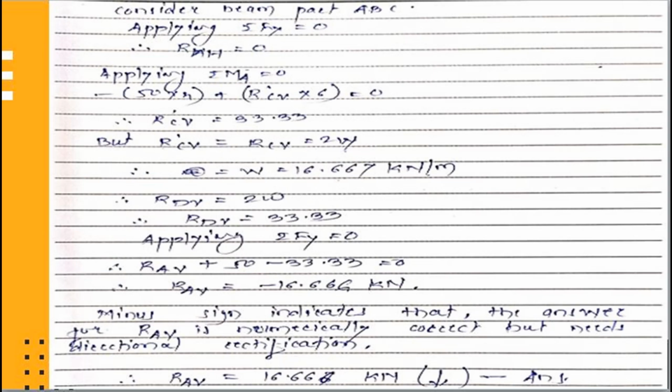Therefore we get RAV is equal to minus 16.66 kilonewton. Please note that here minus sign indicates that the answer for RAV is numerically correct but needs directional rectification. Therefore RAV is equal to 16.66 kilonewton acting in downward direction.